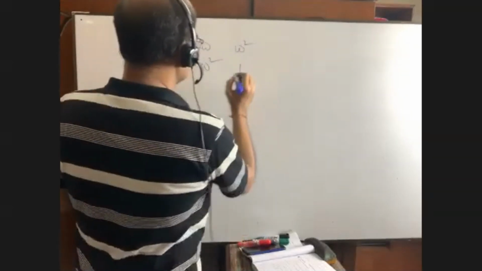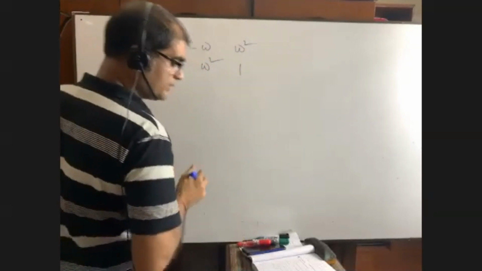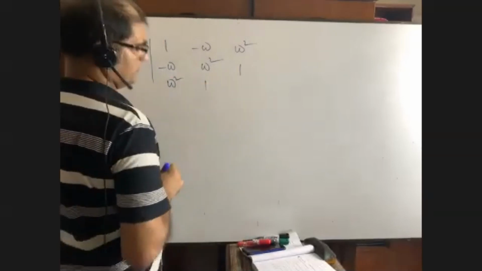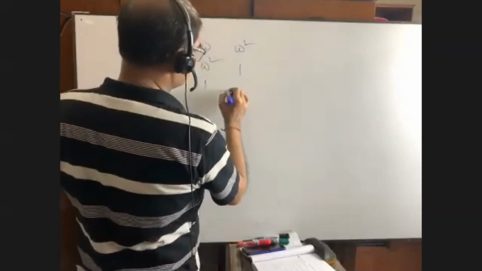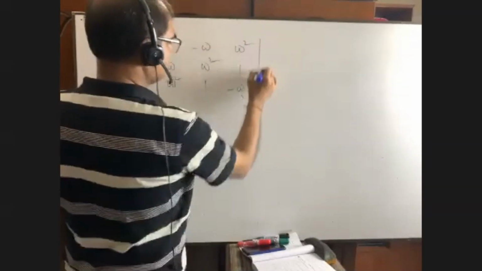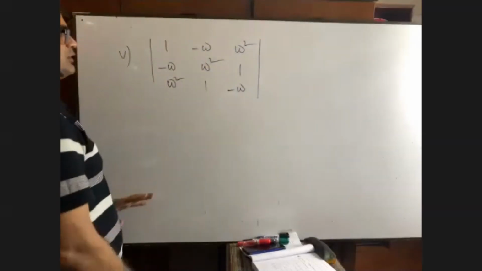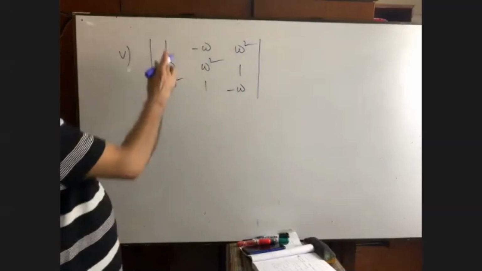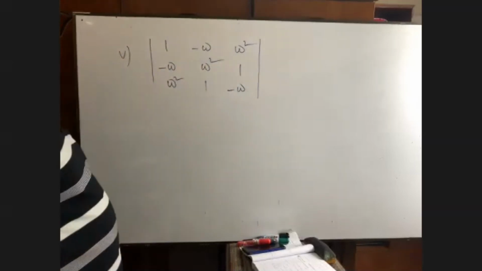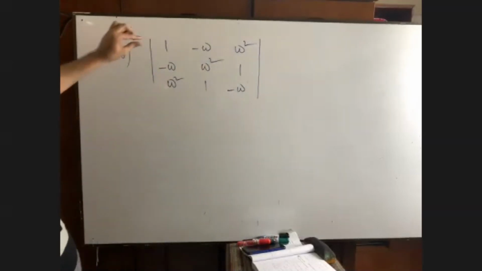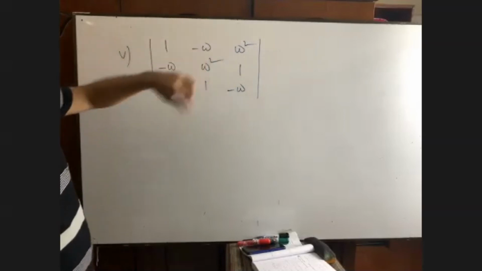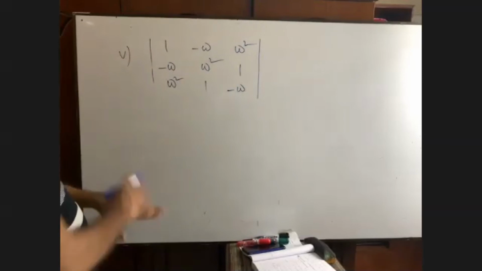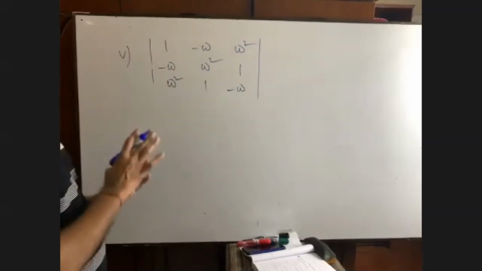Then it is 1. Then we are getting omega square, 1 and minus omega. This is the left hand side, and dear students, you see, nothing can be taken common. It would be taken common if it was 0, 0, 0. But the interesting fact is that we cannot take anything common from all 3, or from any row or any column.